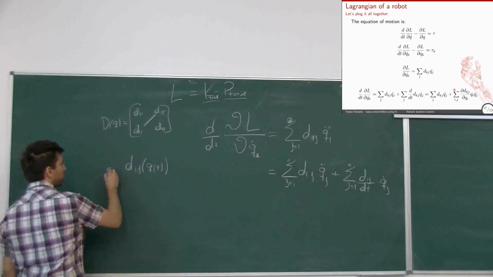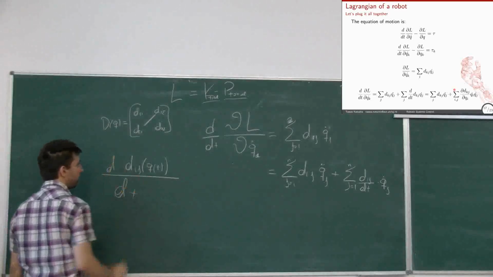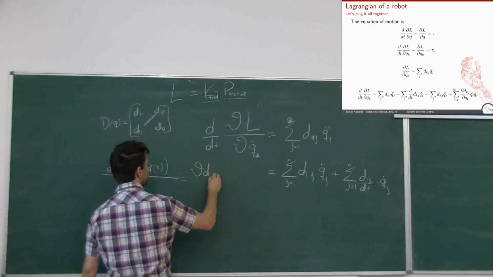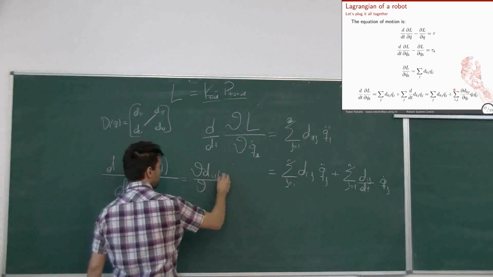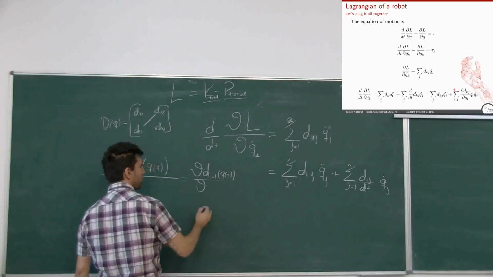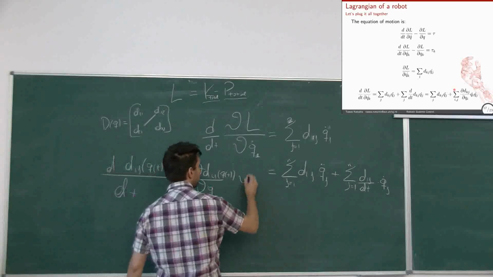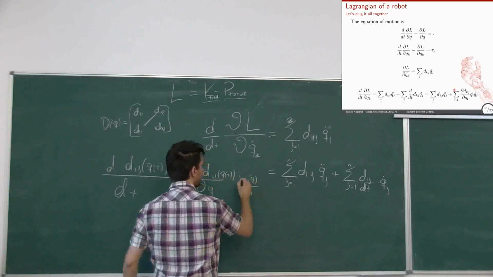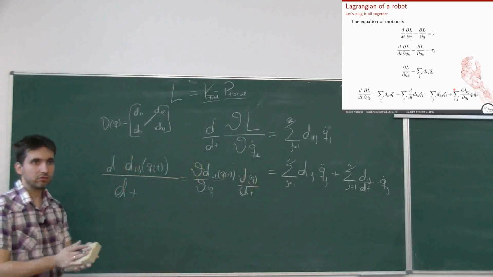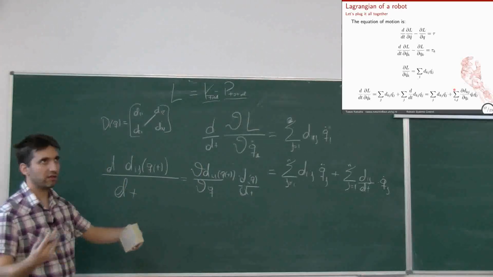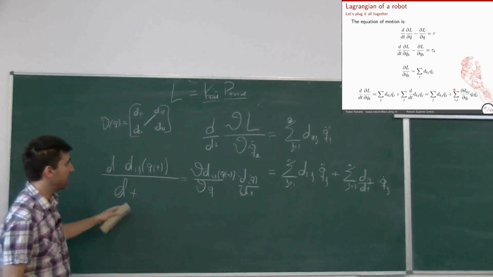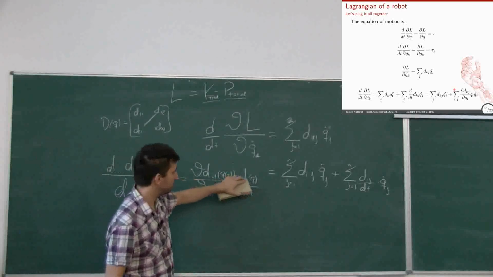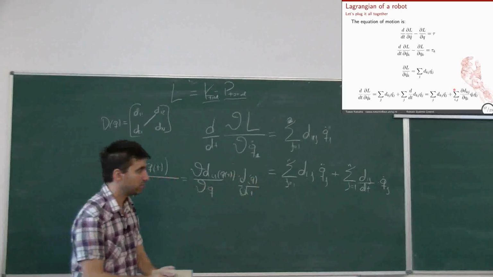If I take the derivative of this with time, it is the derivative of this with q, times the derivative of q with time. So you remember derivation rules. If I have a function of another property and I want to derive with that property, I need to take the derivative of the function with the second function and then the derivative of the second function over time in this case.